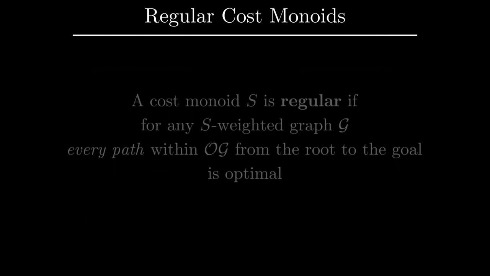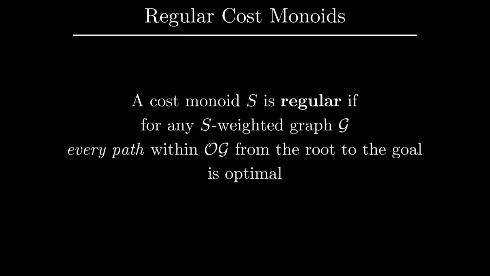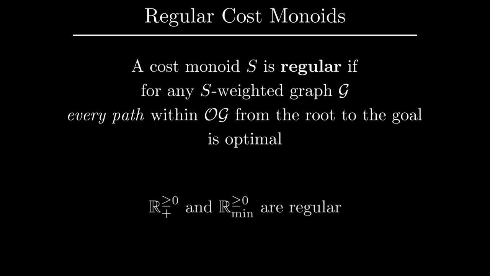This motivates the notion of a regular cost monoid, and our discussion can be summarized by saying that R+ and R-min, the two cost monoids we use throughout this video, are regular. An interested viewer may wish to consult our paper for an algebraic characterization of regularity, as well as for an example of a non-regular cost monoid.